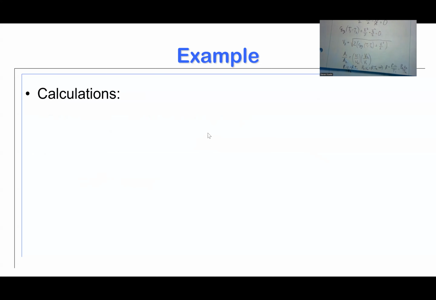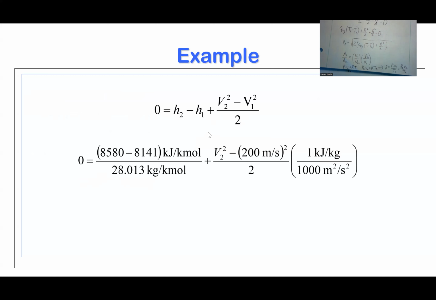So if I actually calculate that out, notice what I've got here. Now, the subtlety here is easily lost. It's real easy to just say, well, Steve, it's the metric units. Don't they just work out? Well, that's true until they don't. Anytime I've got kinetic energy, notice the units here on the V1 is getting squared. So that's 200 meters per second. That's getting squared. That's meters squared per second squared.